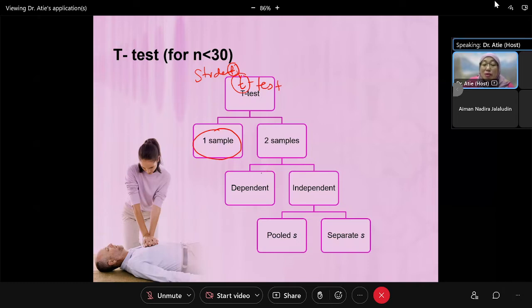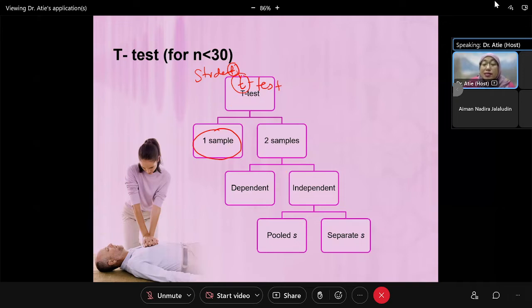The first one we call dependent samples, and the other one is independent samples. I'm going to explain the two samples on Wednesday. But for today, we will focus only on the one sample and how to use SPSS for this one sample analysis.